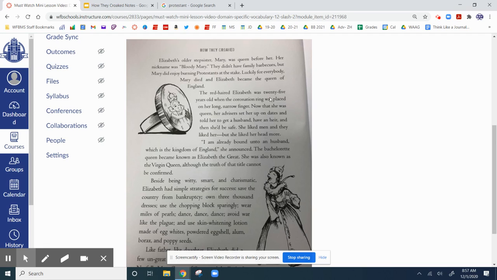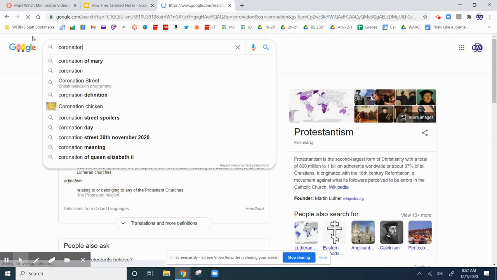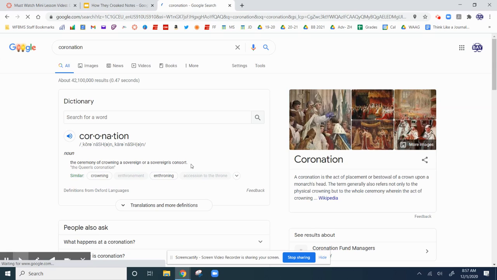The red-haired Elizabeth was 25 years old when the coronation ring was placed on her long, narrow finger. So there's a bigger word right there that maybe I'm not sure what that means, and how does it apply to Elizabeth? So coronation is a ceremony of crowning a sovereign or a sovereign's consort.